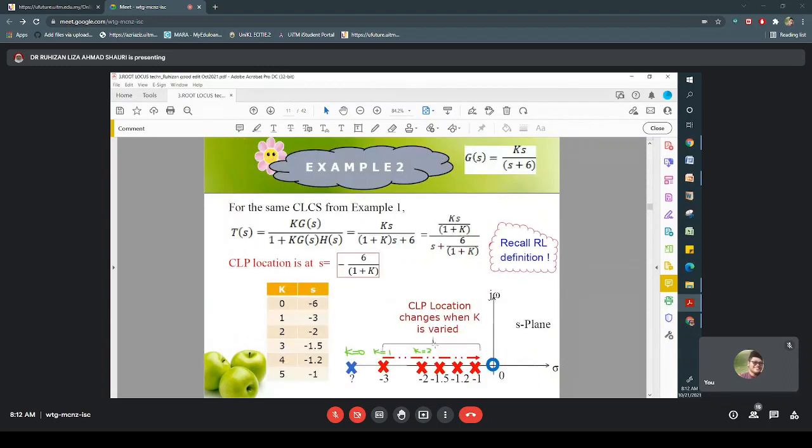This is the tedious way of getting all the closed loop poles for only six values of K. But even though this is tedious, it shows you the meaning behind the root locus itself.